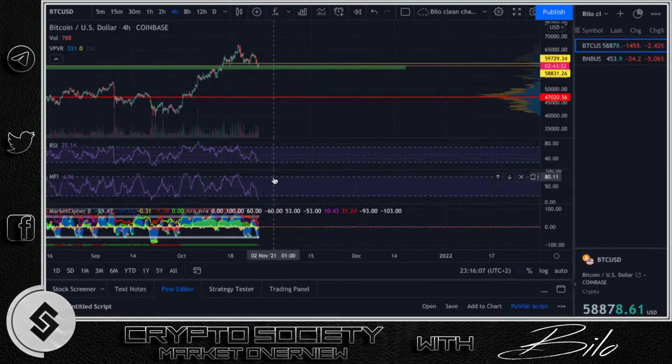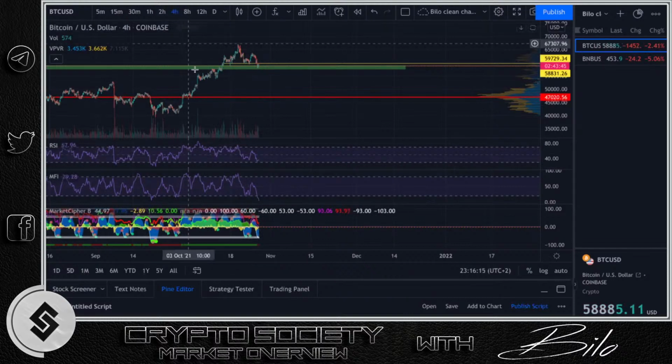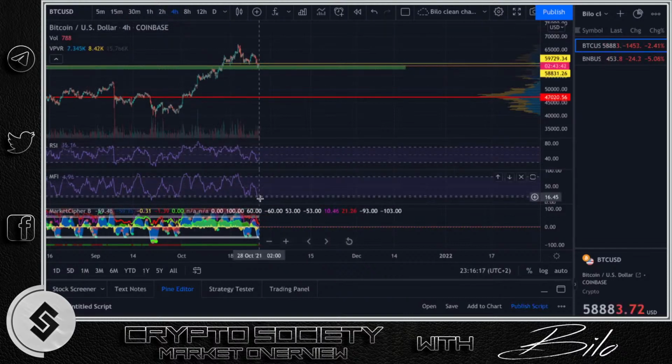So we don't really see any helpful divergences to help us on the 4 hour chart. But what we do see is that MFI is at a very low figure. It's at 5 on a 4 hour chart.